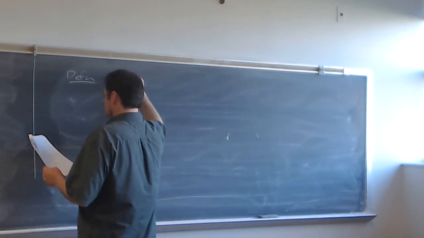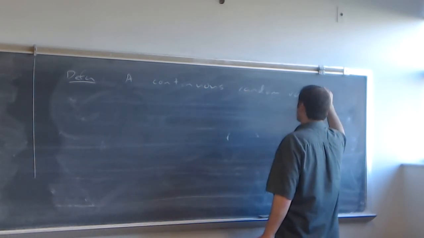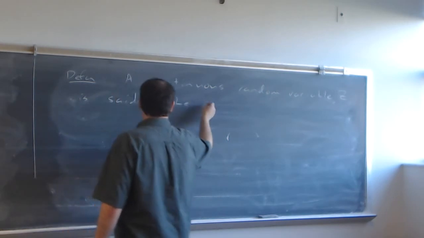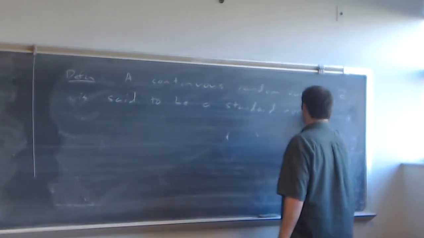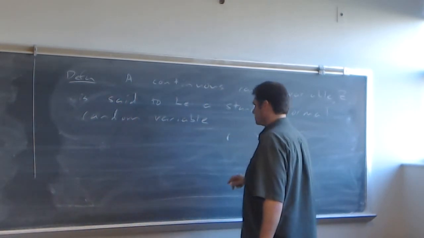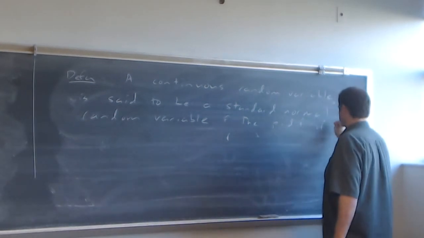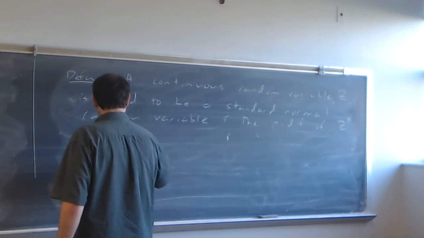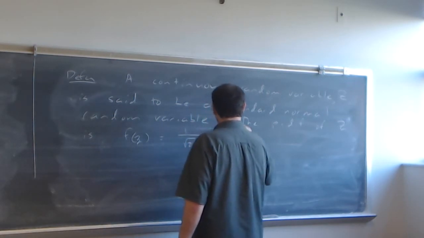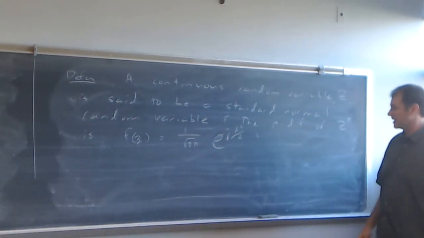A continuous random variable Z is said to be a standard normal random variable if the PDF of Z is, so it's f of z, equal to 1 over the square root of 2 pi times e to the minus z squared over 2. So that's what I wanted to write.